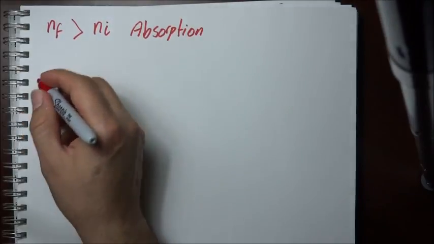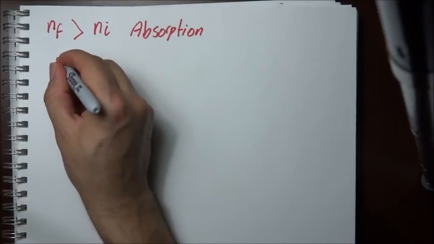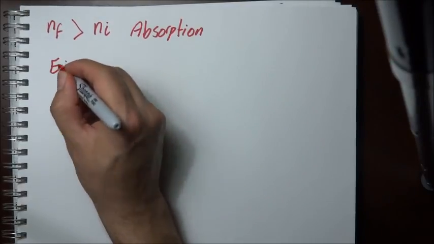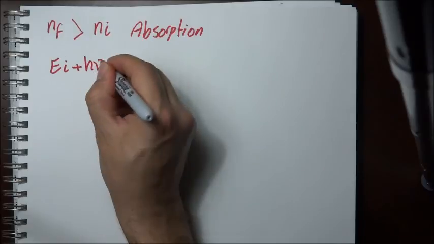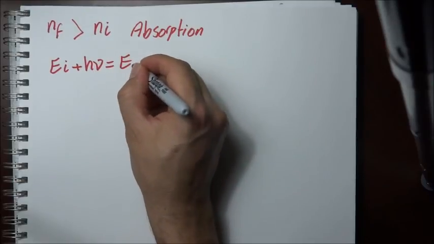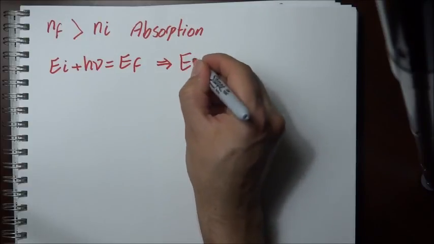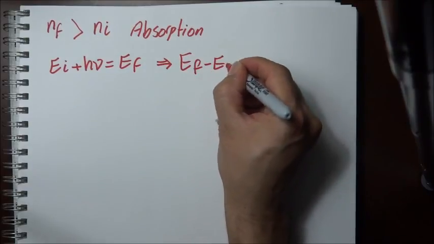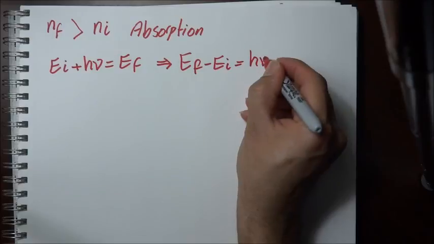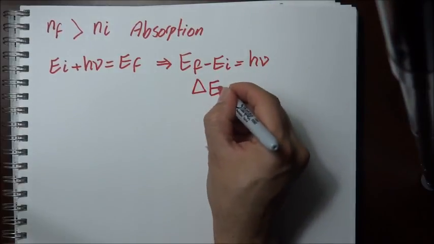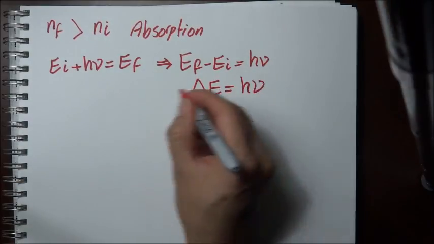And the correct formula to write is initial energy plus h nu is equal to final energy, or EF minus EI equal to h nu. So delta E is equal to h nu.